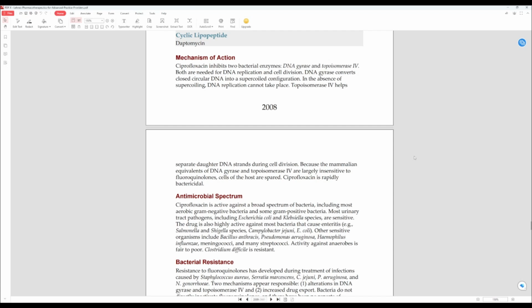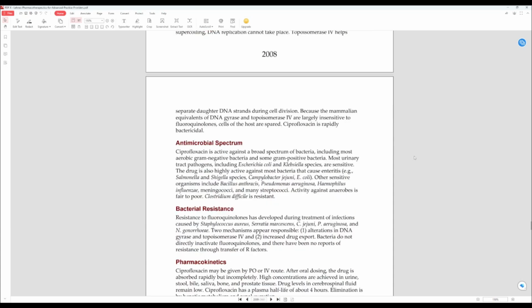In the absence of supercoiling, DNA replication cannot take place. Topoisomerase 4 helps separate daughter DNA strands during cell division. Because the mammalian equivalents of DNA gyrase and topoisomerase 4 are relatively insensitive to fluoroquinolones, cells of the host are spared. Ciprofloxacin is rapidly bactericidal.